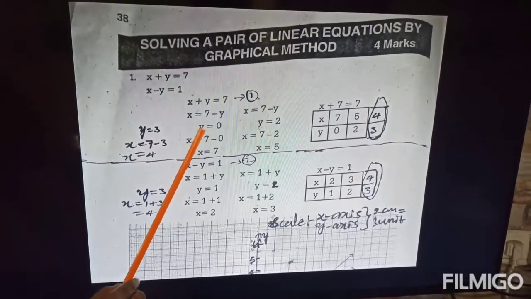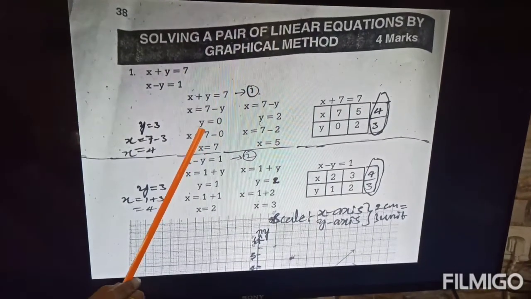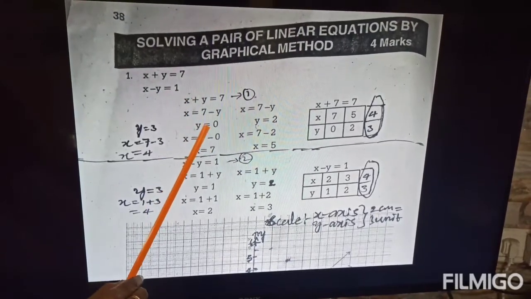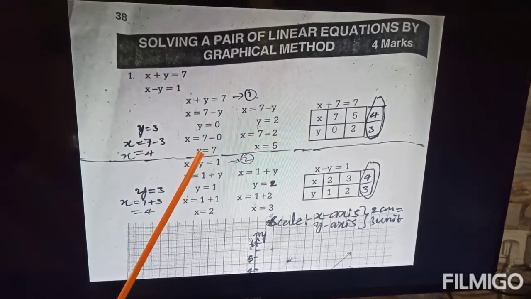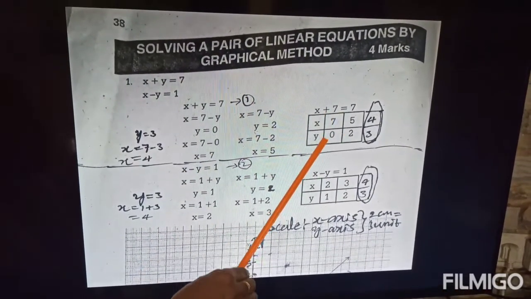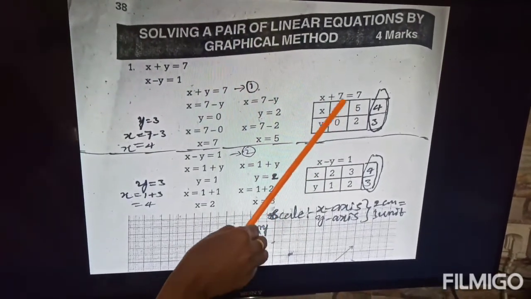If we replace y with 0, then for x we get 7 minus 0, which is 7. So 7 and 0 are the first coordinates.